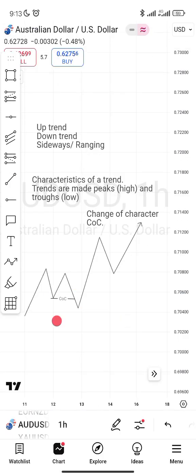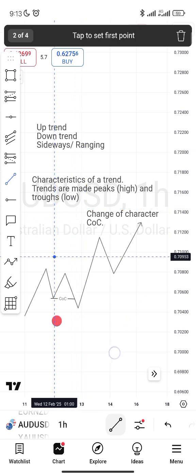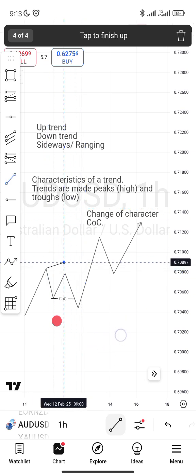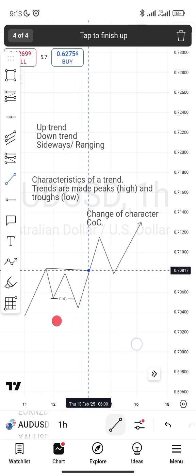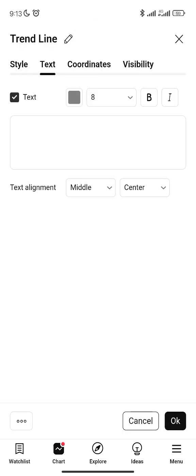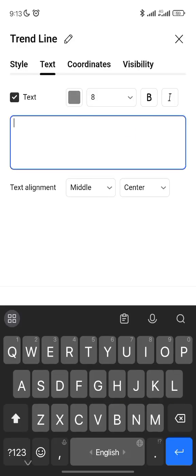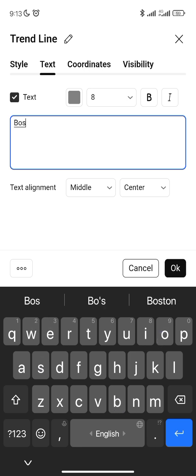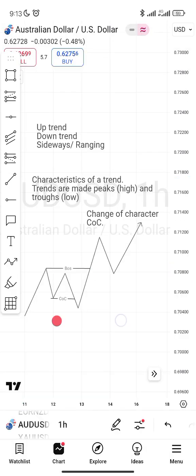But the thing is, it's not supposed to be protected because it did not give us a break of structure. If it broke structure and it was taken out, then we can just say the market has changed character.